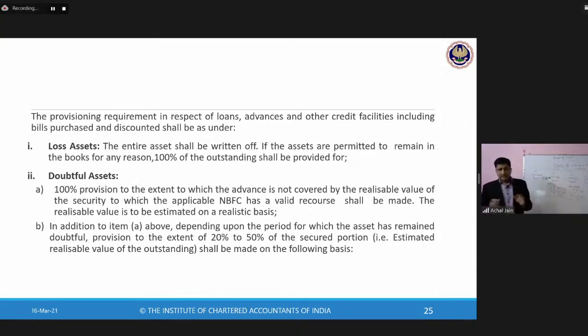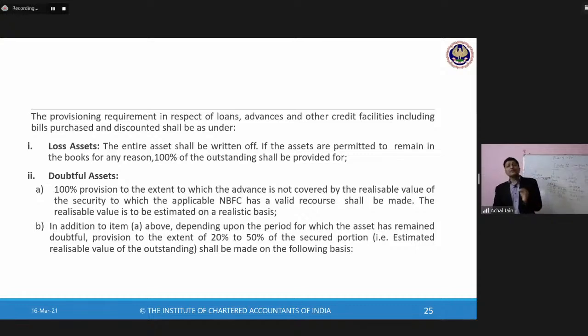Yeah, clear? Let's suppose a home loan has been given to a customer. And what is the security? Property is the security. Now, in respect of this, the money which will not be realized will be to the extent of the value of the security.